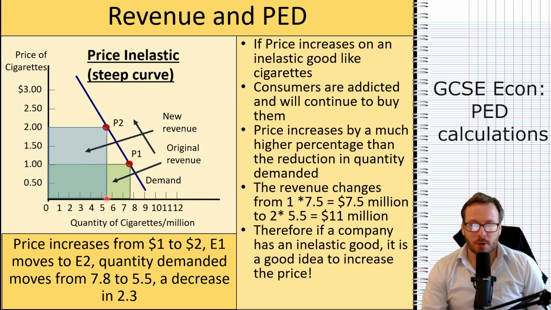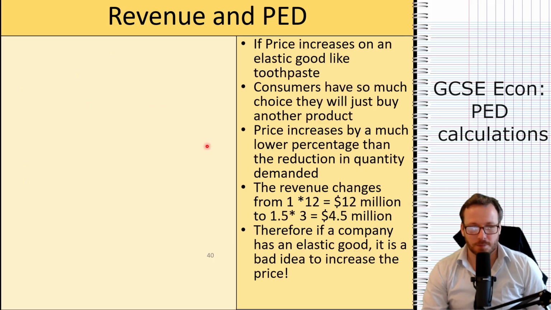So now for the revenue, we make 5.5 million times 2, and that gets us 11 million. So what's happened is basically, if a company can manipulate inelastic goods, they can make massive profits by increasing the price, because they know the reduction in customers isn't going to be as great as the increase in price. I hope that makes sense.